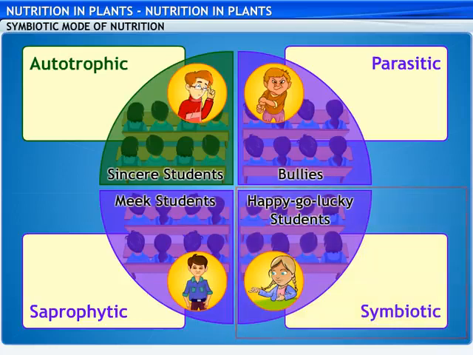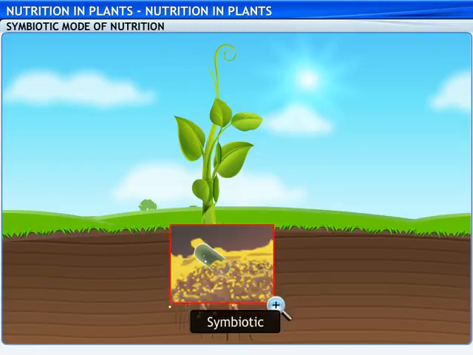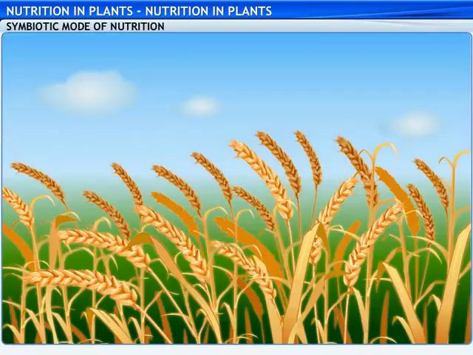Similar to the happy-go-lucky students who get their homework done in exchange for favors, some organisms live together and share shelter in exchange for nutrients. Such an arrangement is called a symbiotic relationship. For example, crops require a lot of nitrogen to make proteins.